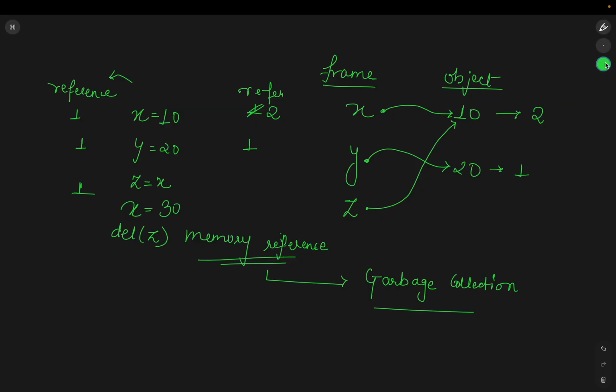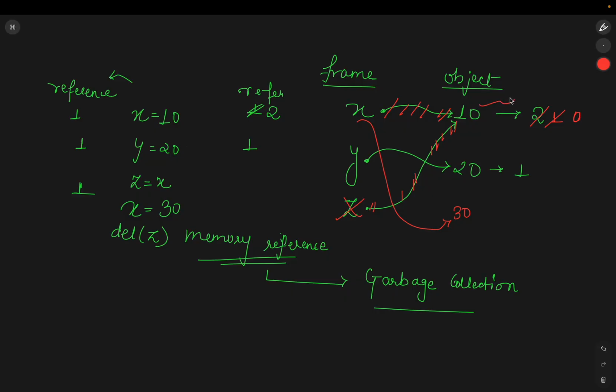Okay, x is equal to 30. This reference is going to get broken, and now x will point to the new number called 30. Okay, I am deleting z as well. Now z is not even there. So previously when the reference of x is broken from the 10, the reference count will become 1. When the reference of z is again broken from the 10, the reference count of 10 will become 0.